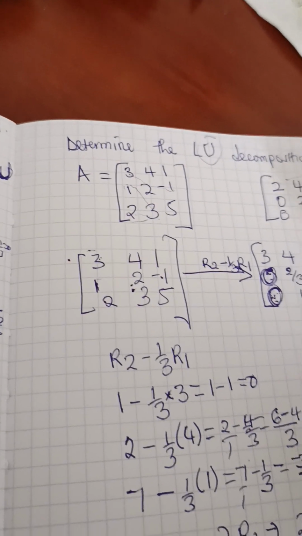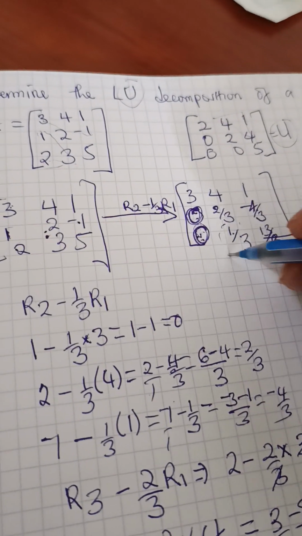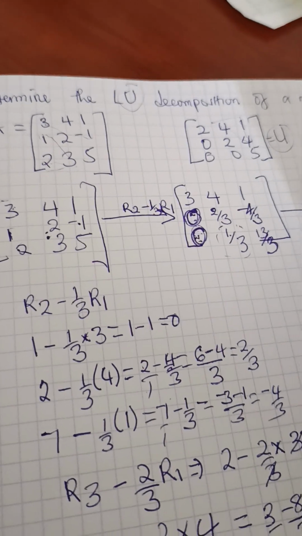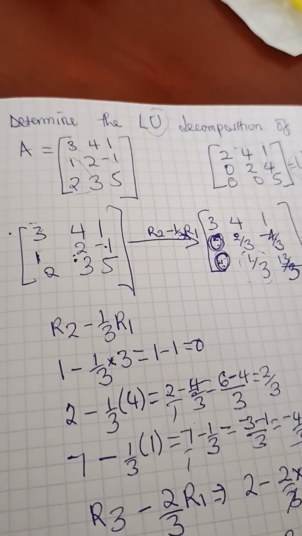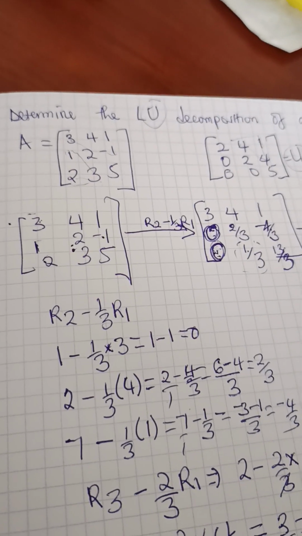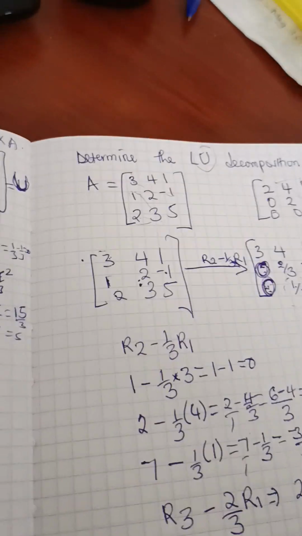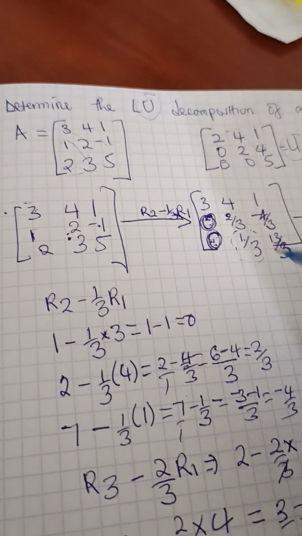Now we proceed because our aim is to have a 0 here. On this part, it should also be 0. So we proceed, we don't touch the upper one. We proceed: 0, 2 over 3, negative 4 over 3. So how are we going to get a 0 here?